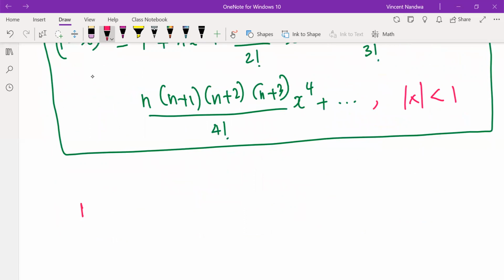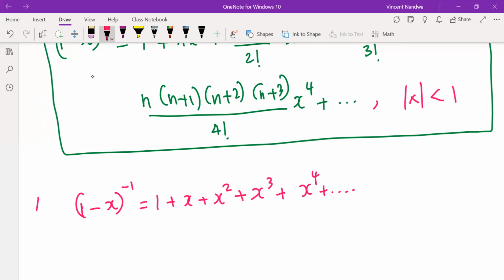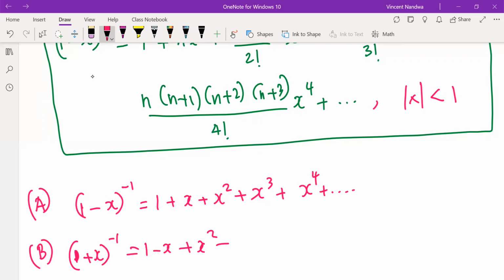So we have 1 minus x raised to the power negative 1. We just have 1 plus x plus x squared plus x power 3 plus x power 4 plus several other terms. Another formula, if I have 1 plus x raised to the power negative 1, I'll get 1 minus x plus x squared minus x power 3 plus x power 4 minus x power 5 plus several other terms.